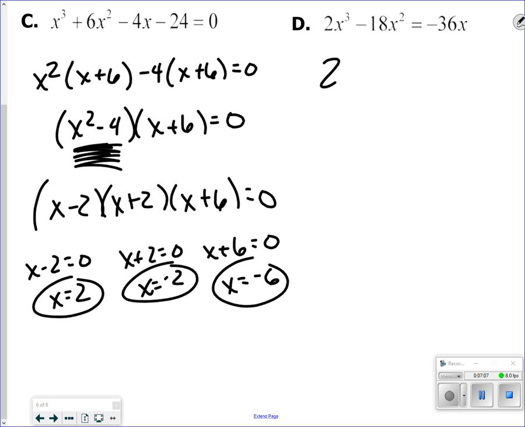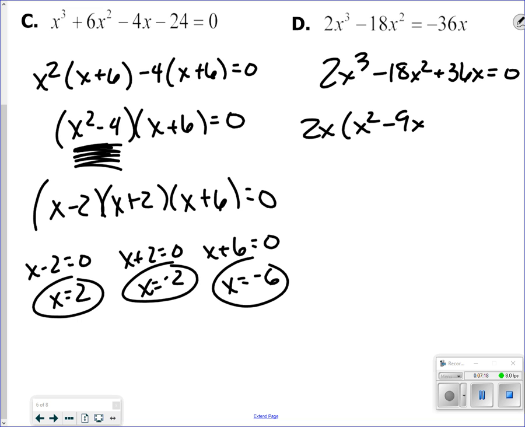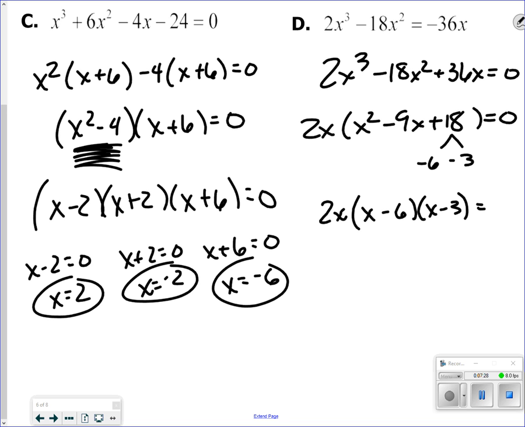So the next one, it needs to equal 0 first. So I'm going to add 36x to both sides. All right, there's a GCF of 2x. So I took a 2x out of each one. And then inside the parenthesis, I'm looking for two things that'll multiply to be 18, but add up to -9.